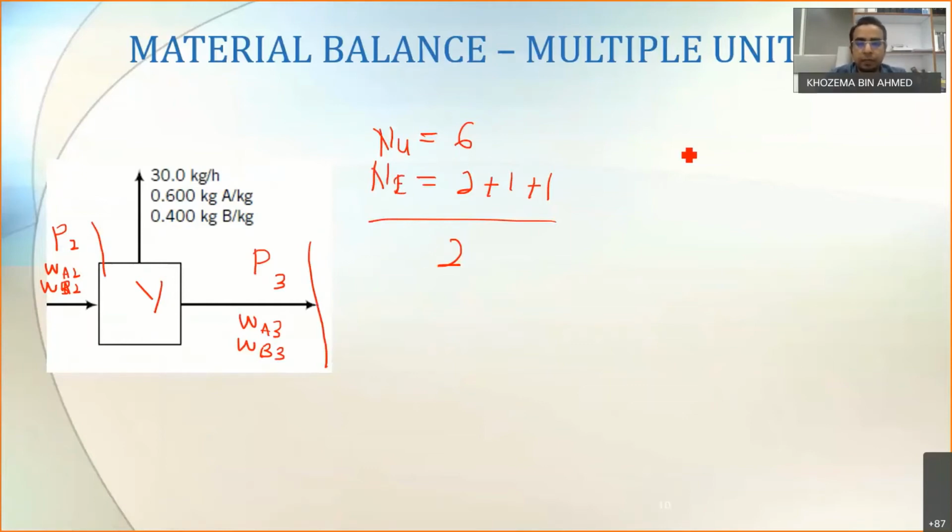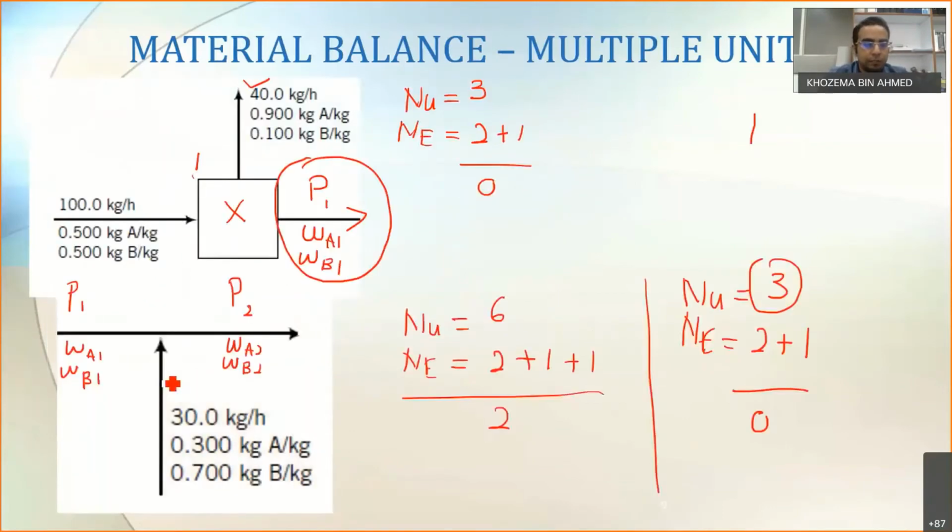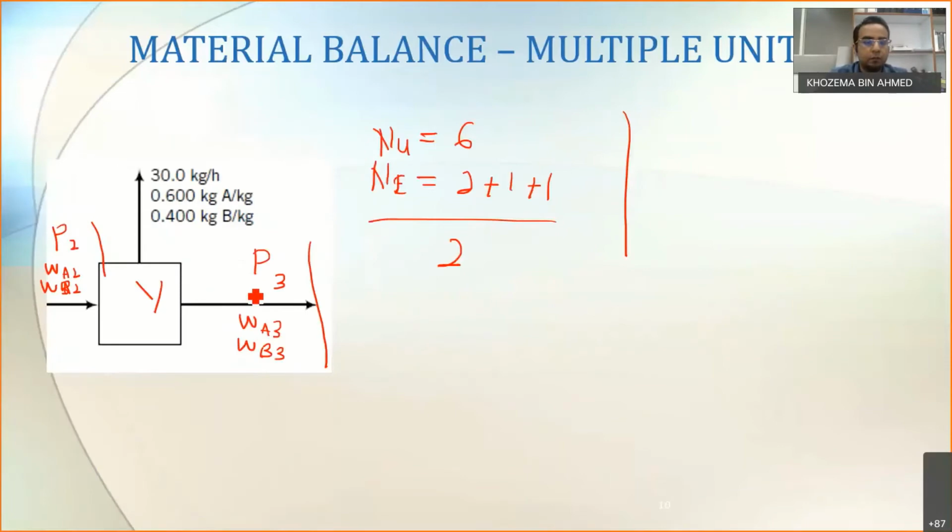The same thing, if I solve this part of the system after I have solved the first part of the system, I will know these 3 values. So if I know these 3 values, I will have number of unknowns equal to 3, number of independent equations equal to 2 plus 1, and then I'll have degree of freedom equal to 0.